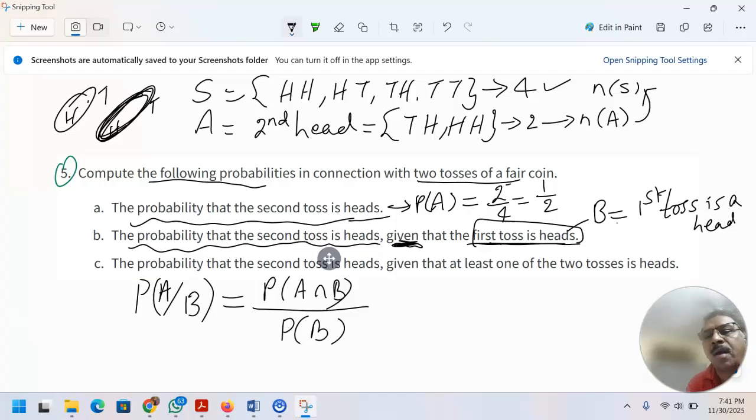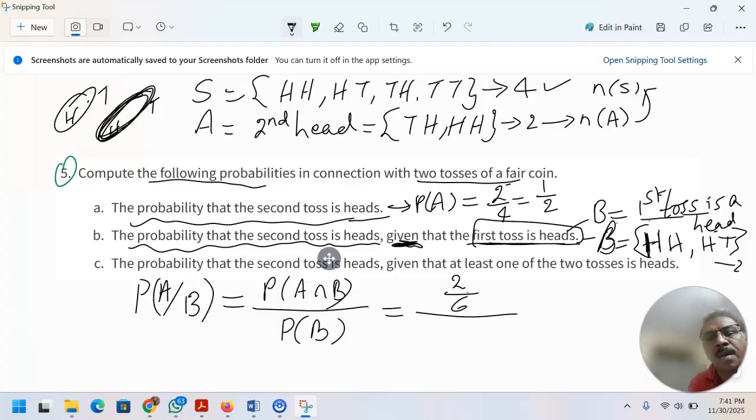Now, let's write down the outcomes for this. What are the outcomes where the first toss is a head? You can say head-head, or head-tail. These are the two options. So the probability of B, there are two of these, will be 2 out of 6.